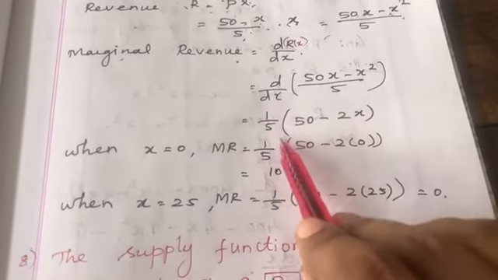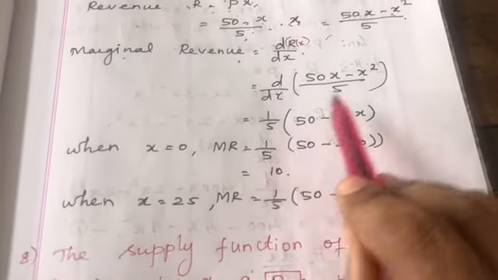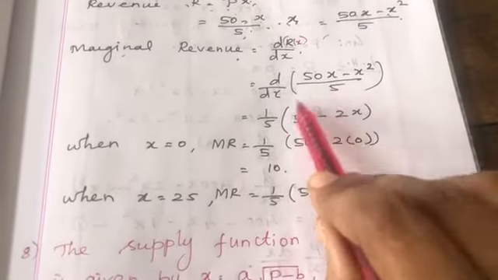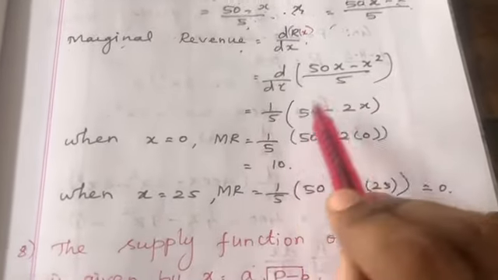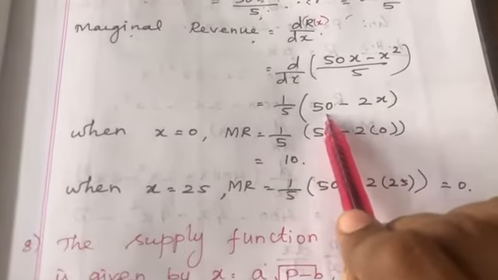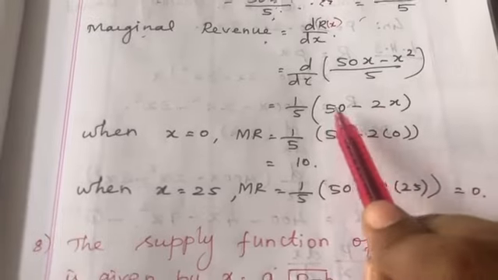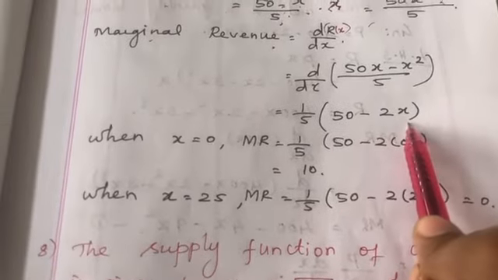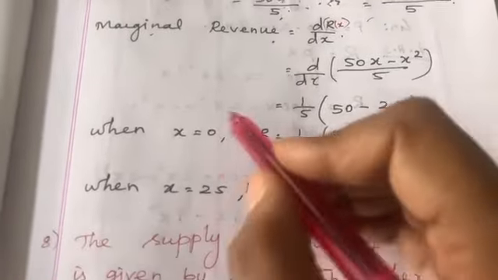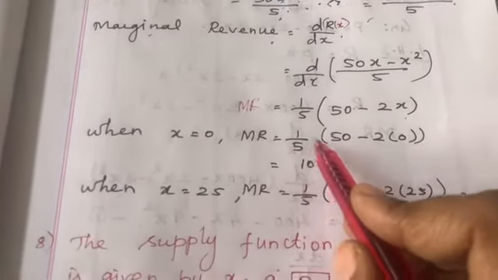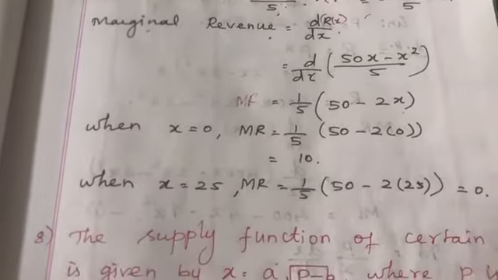So 1 by 5 into 50 minus 2x. Here 1 by 5 is a constant, taken out. The differentiation of 50x is 50, and the differentiation of x square is 2x. So 50 minus 2x. This is the marginal revenue: 1 by 5 into 50 minus 2x.